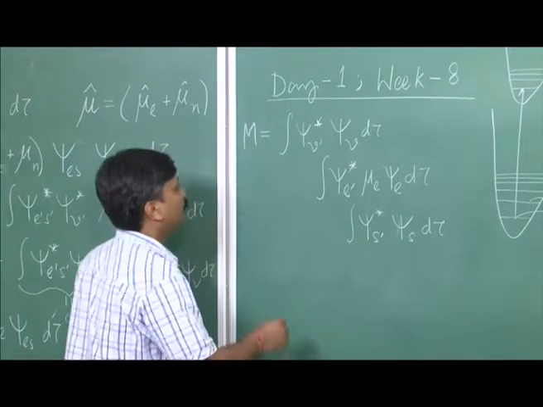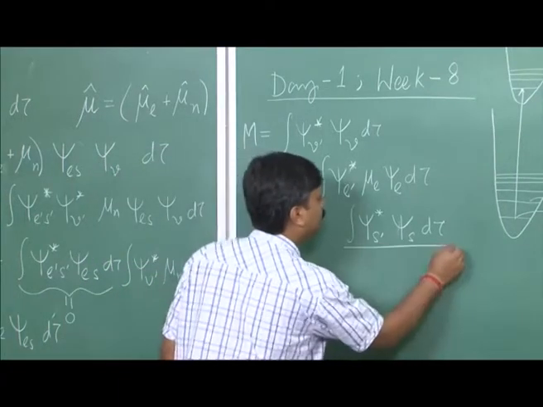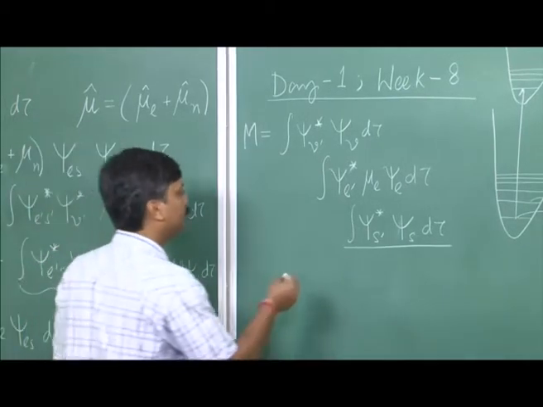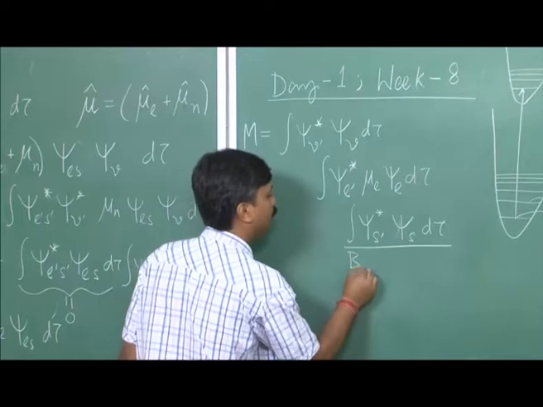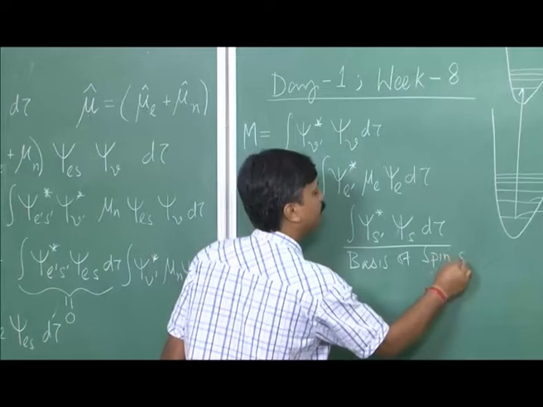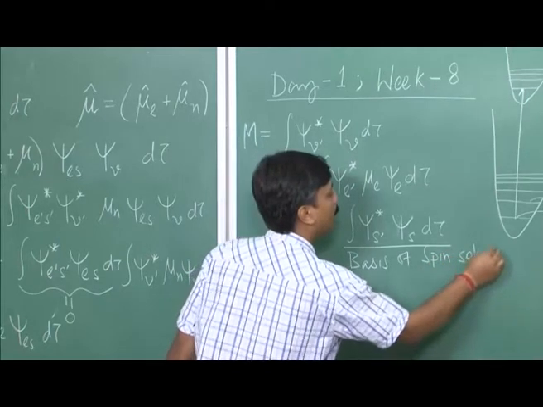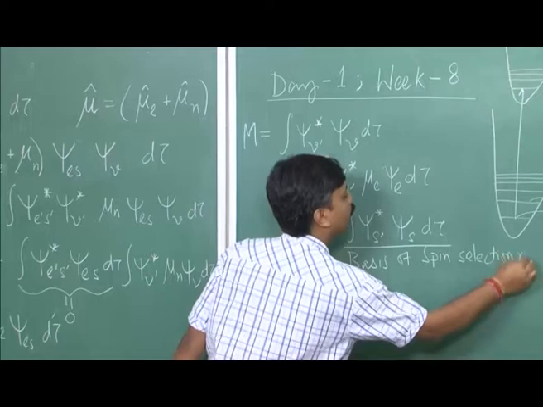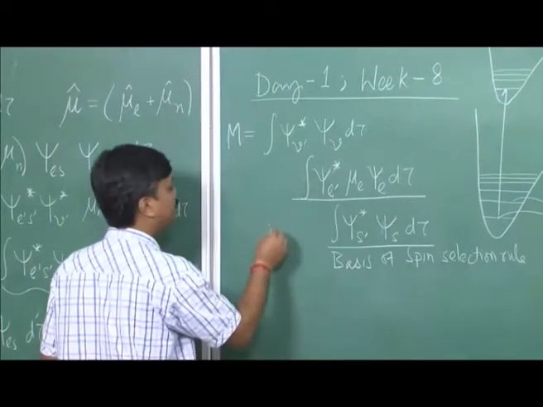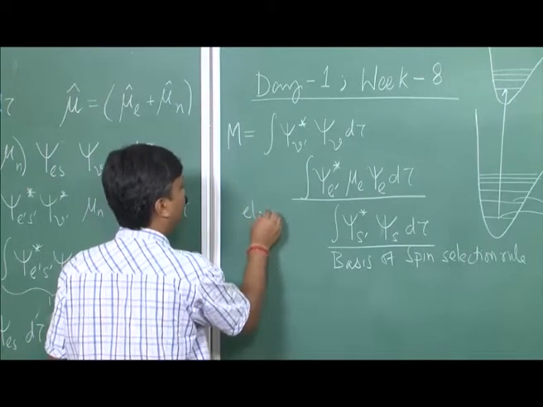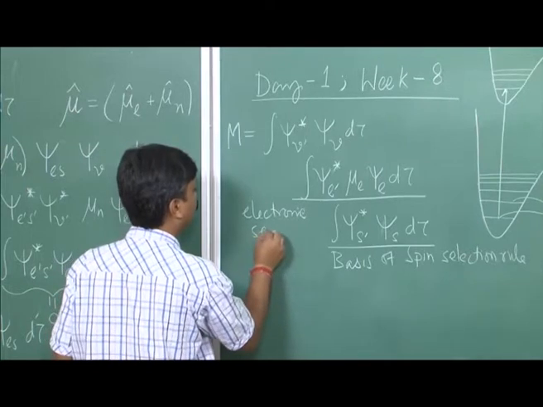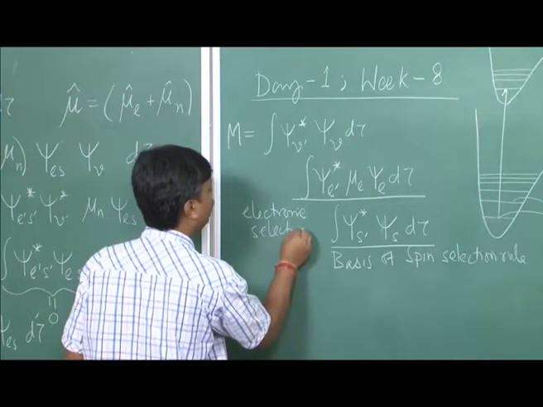Now this particular integral is the basis of spin selection rule. And this integral is the basis for electronic selection rule, or selection rule for electronic transition.